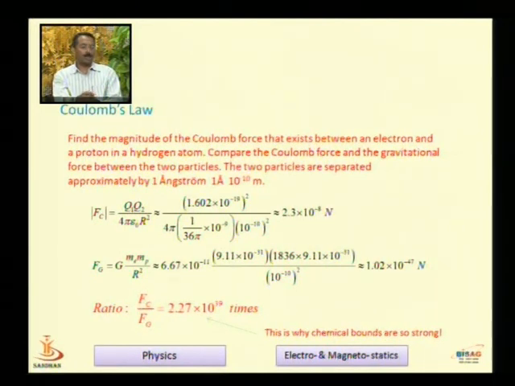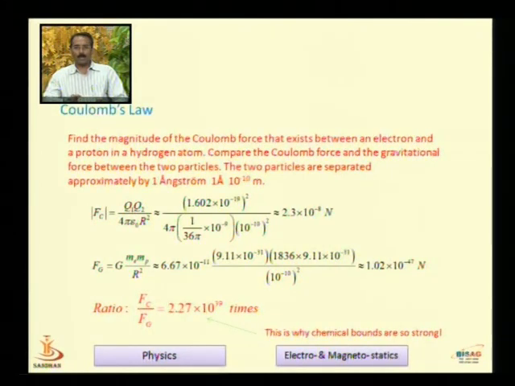Here the gravitational force equation, you can see, is capital G into me, that is the mass of electron, times mp, the mass of proton, divided by r square. G is a universal constant. The value of G is given, that is 6.67 into 10 to the power minus 11.